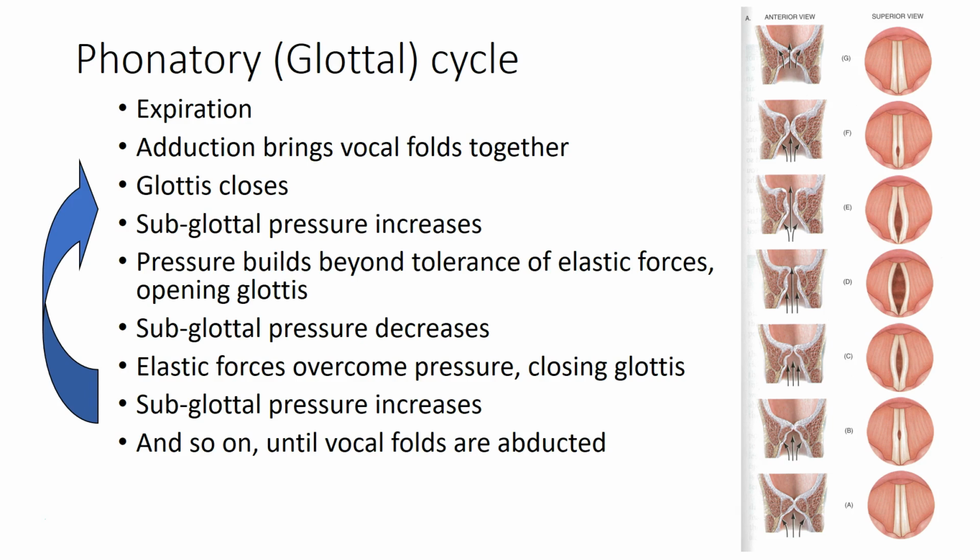Once that subglottal pressure is released, the pressure decreases, and the elastic forces once again overcome that pressure, and the glottis closes. After the glottis closes, subglottal pressure increases, and the cycle continues. This cycle continues until the vocal folds are abducted, opened, to stop phonation.